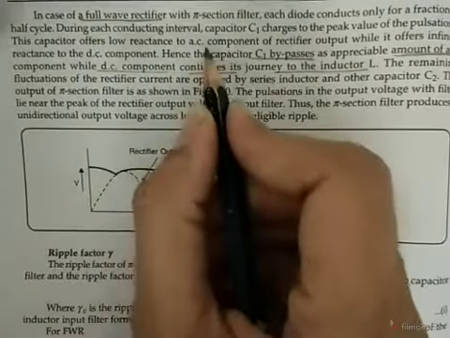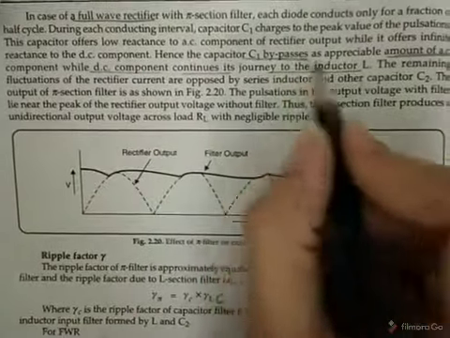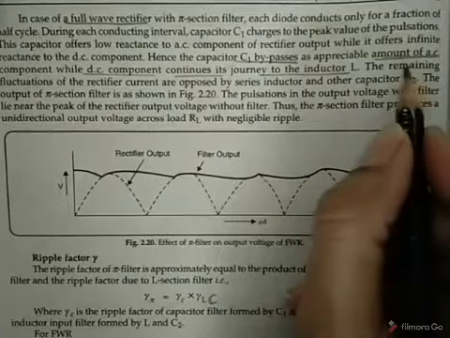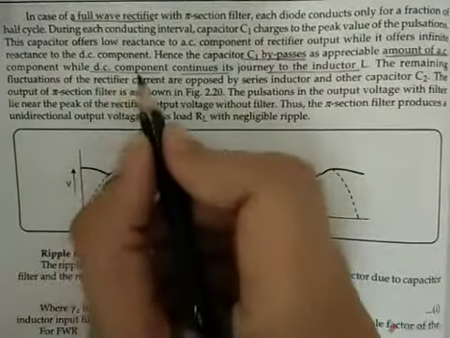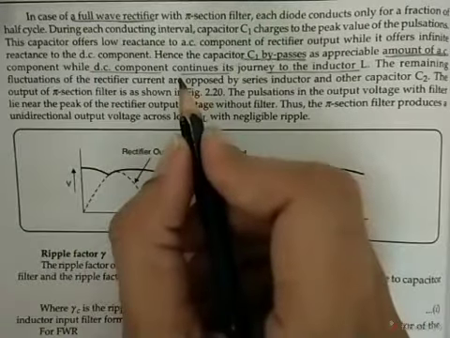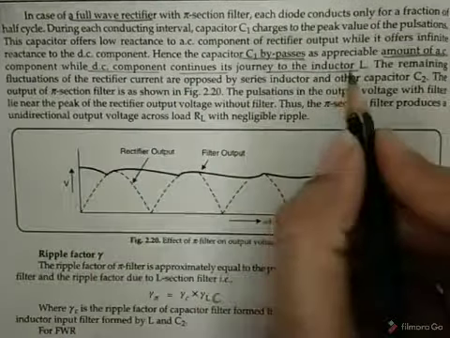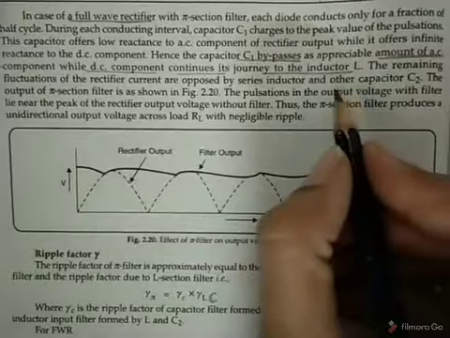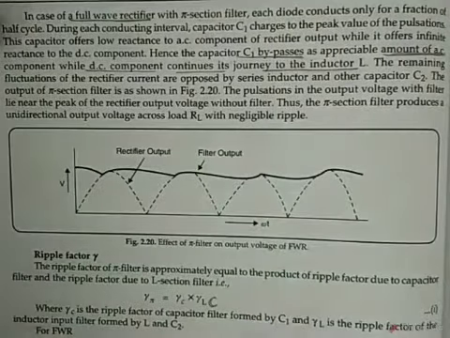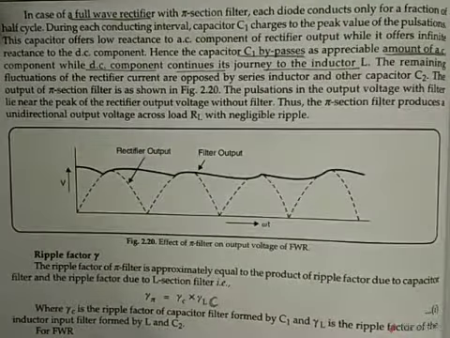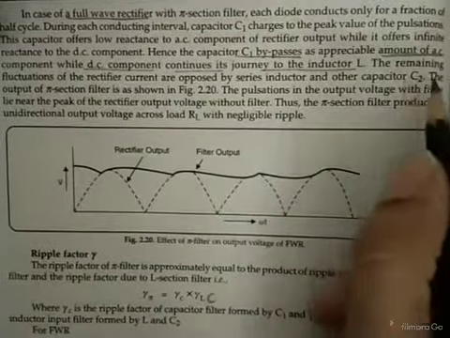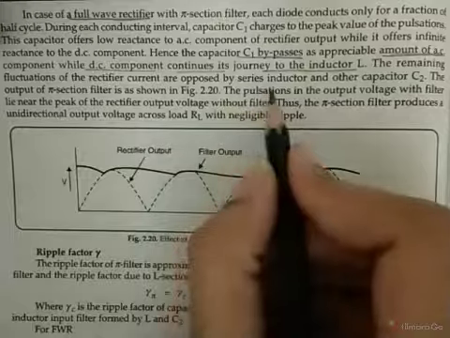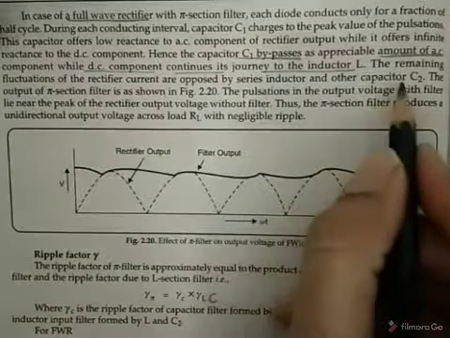In this way, C1 bypasses an appreciable amount of AC, whereas the DC component continues to the inductor L. So it is a combination of a capacitor filter and the LC filter. The other fluctuations are opposed by the series inductor and the other capacitor C2.